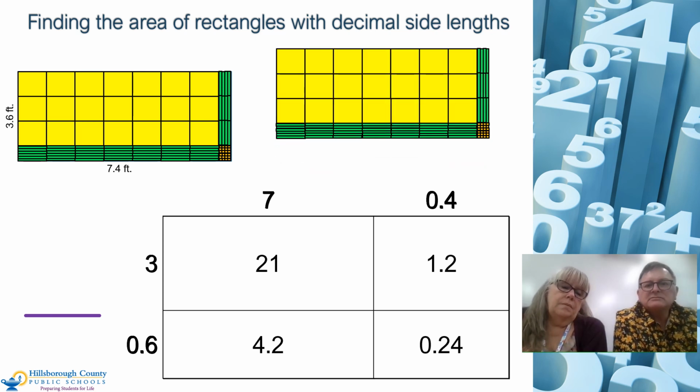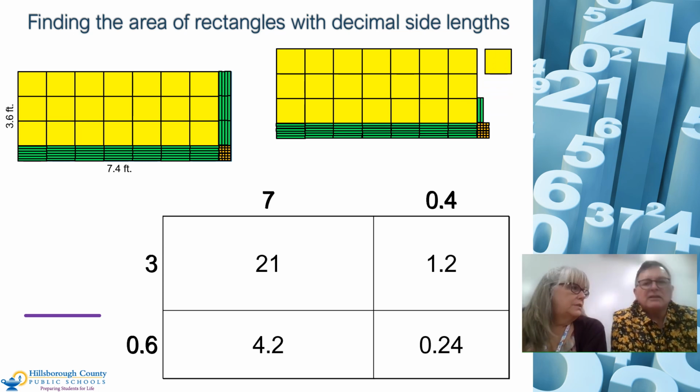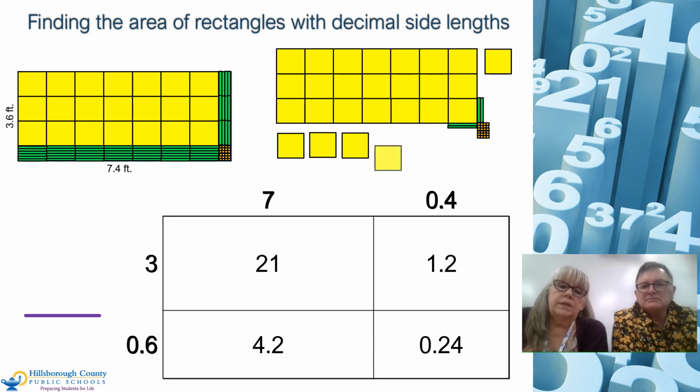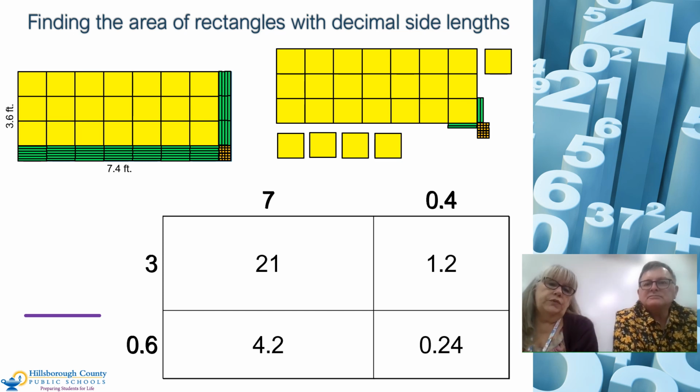We know that we can also take the base 10 blocks and we can exchange 10 tenths for a whole, 10 more tenths for a whole, 10 more tenths for a whole, 10 more tenths for a whole, and 10 more tenths for a whole. I don't have enough to exchange for any more wholes, so now I'm going to switch to those hundredths.